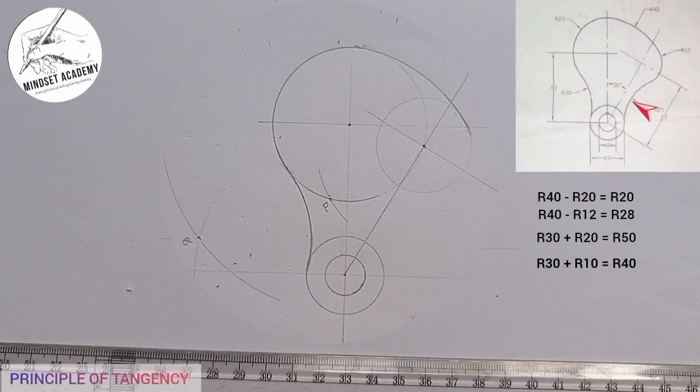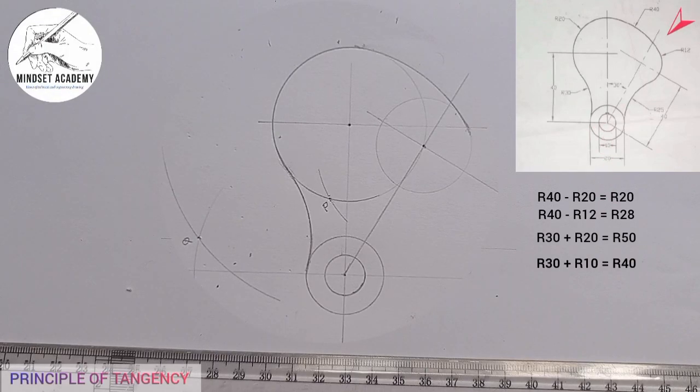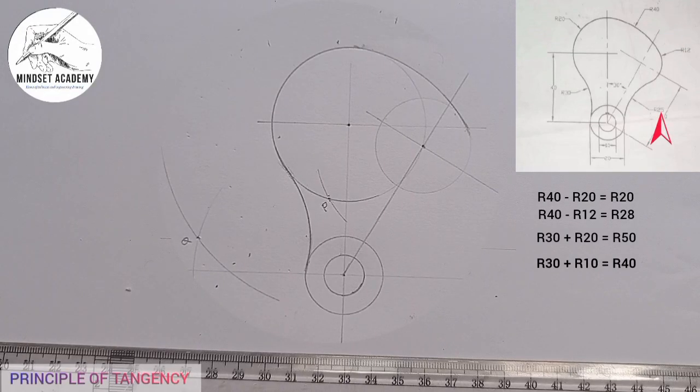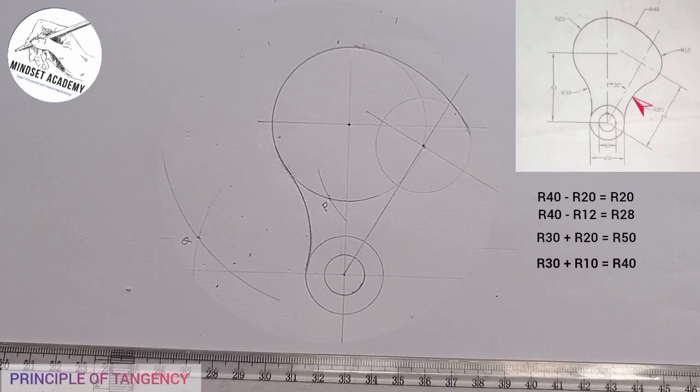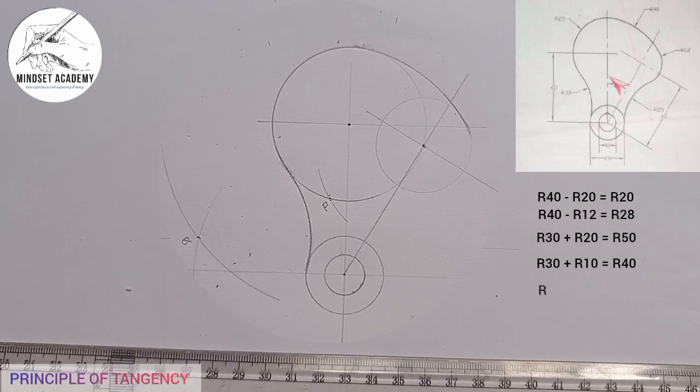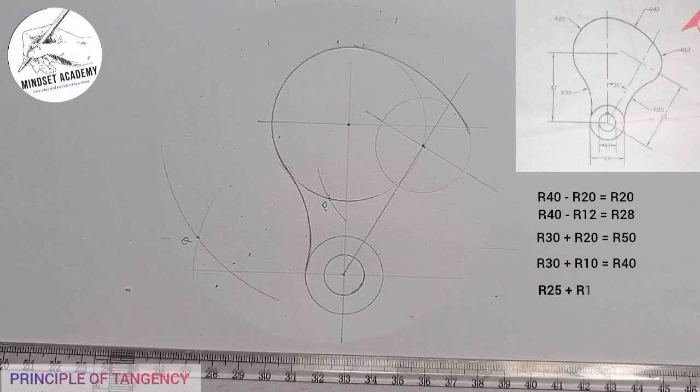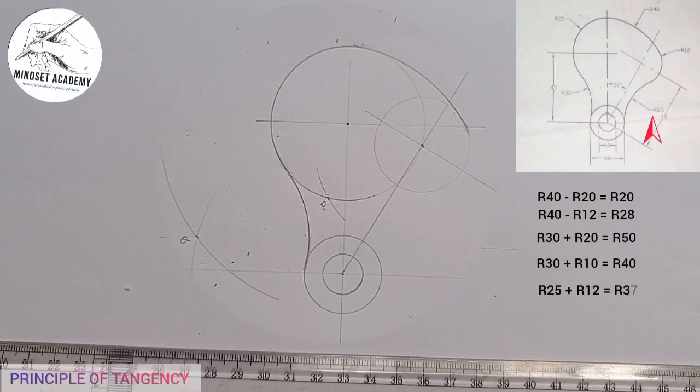So this circle here of 20, the radius is given as what? As 10, plus the other circle that is connected with this circle, which has a radius of 12, right? So I'll use the radius that is common, which is R25. Because it's going in, I'll put plus, then add the R12, and that will give us what? 37.